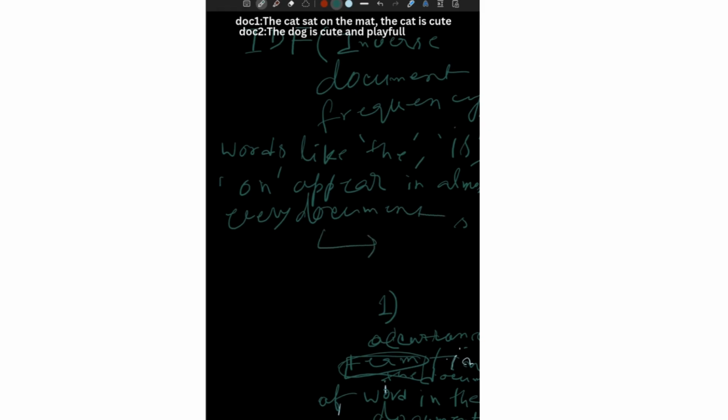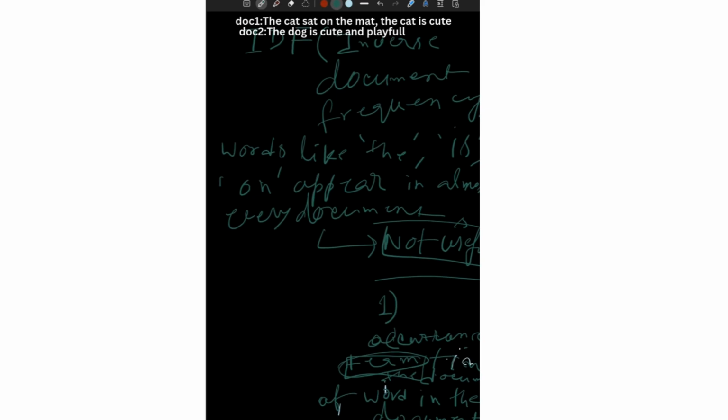These words are not useful for finding the correct word, so you can consider them not useful. Connecting words, conjunctions, some articles like the, is, on, and these kinds of words are not useful words. So IDF basically reduces the weight of this kind of word, right?